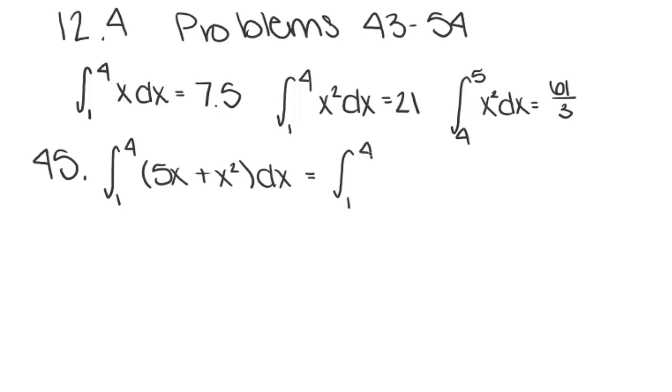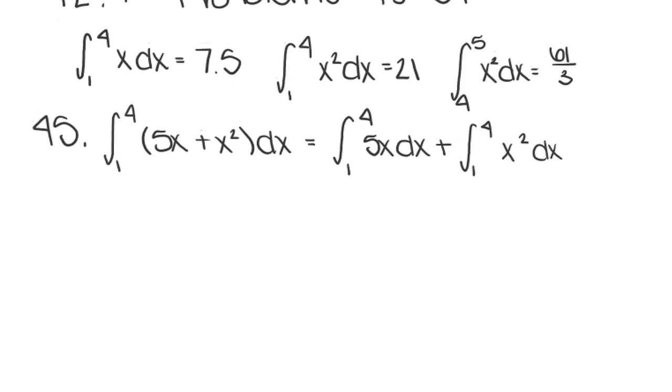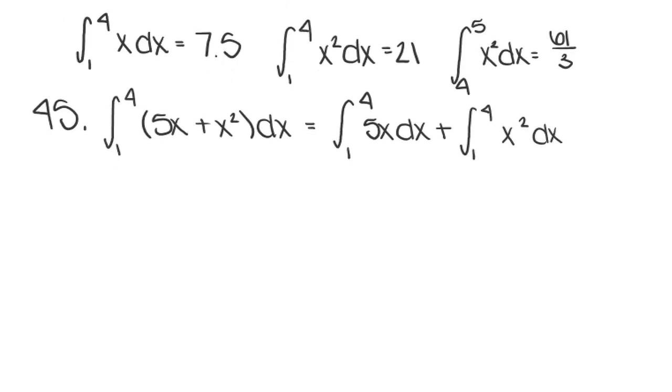So we have the integral of 5x dx plus the integral from 1 to 4 of x squared dx. And then lastly, I'm just going to pull that 5 out of there: 5 times the integral of x dx plus the integral from 1 to 4 of x squared dx.